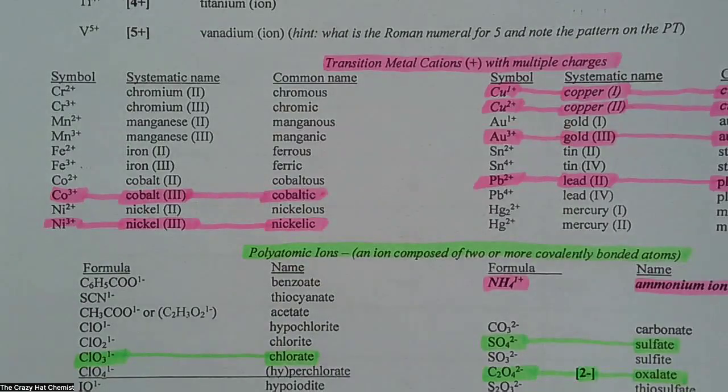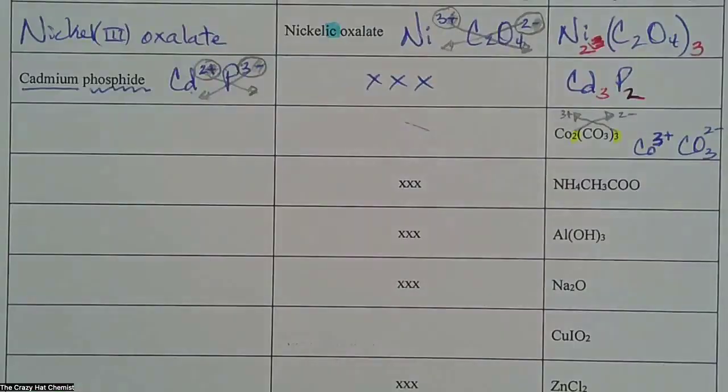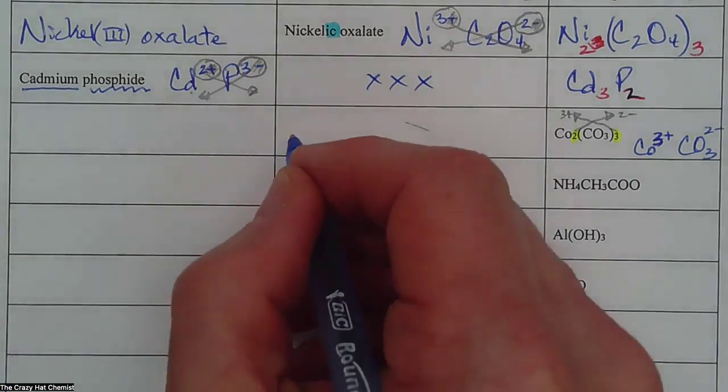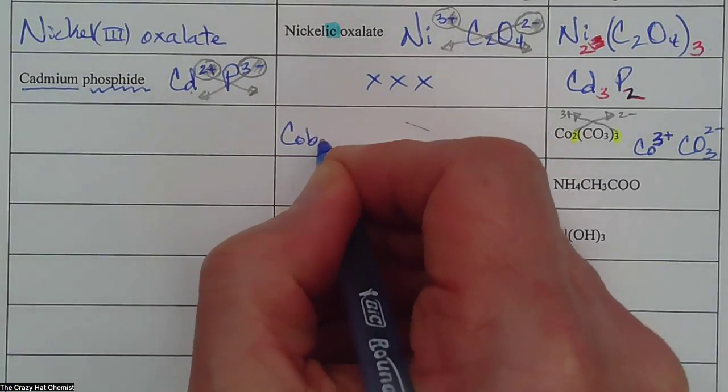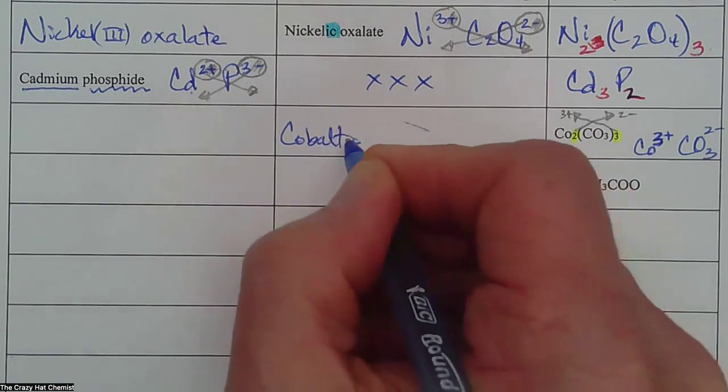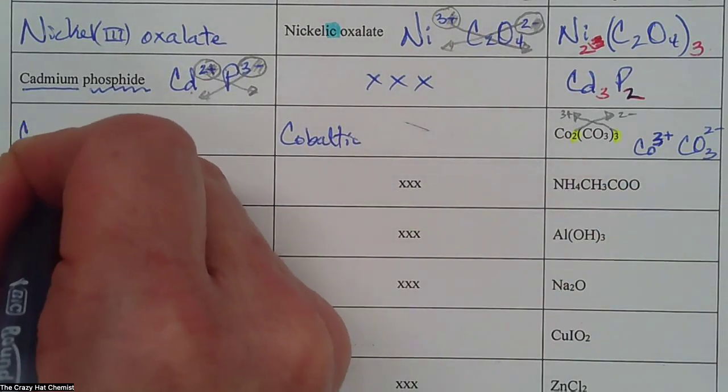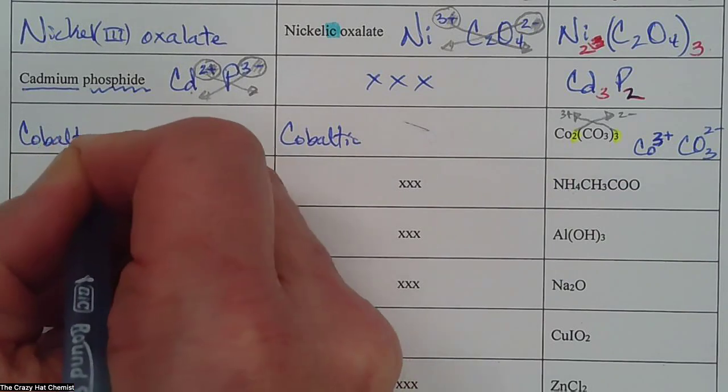So we're going to write those two systematic and common names. So the common name is cobaltic, and the systematic name is cobalt Roman numeral 3.